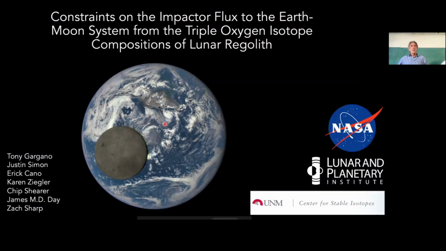And this is something he's talking about today, just some fantastic work on the lunar regolith, and it just fits in line with Tony's creativity and hard work and excellent quality of research that he's done throughout his career. So take it away. All right, well, thanks, Zach.